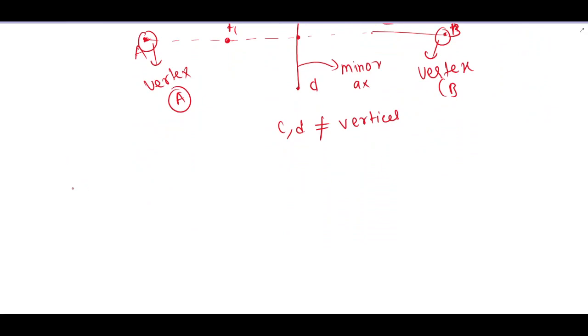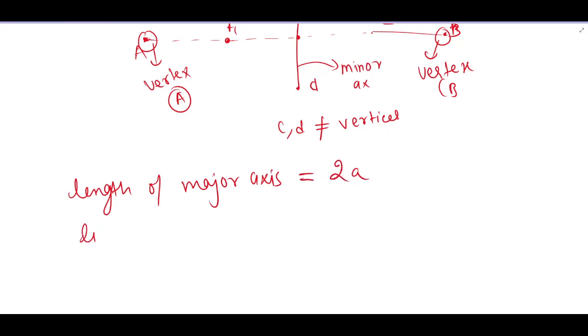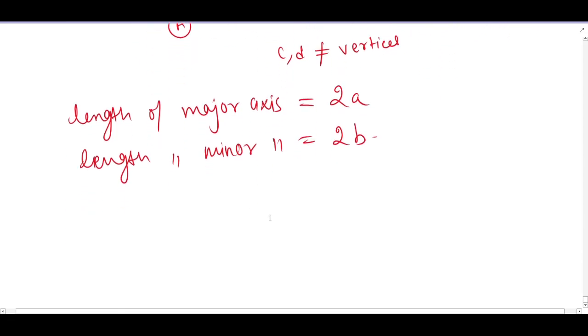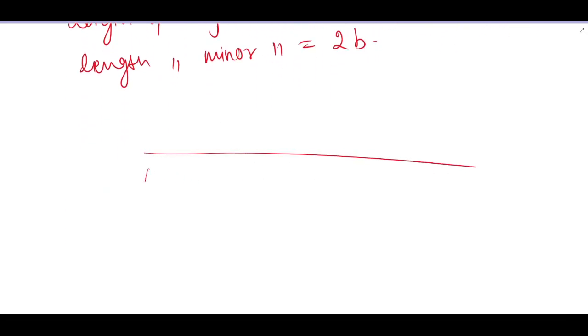So what is the length of major axis? Length of major axis is equal to 2a, and length of minor axis is equal to 2b. That is, this is AB, these are foci F1 and F2, and the center is the midpoint of F1 and F2.